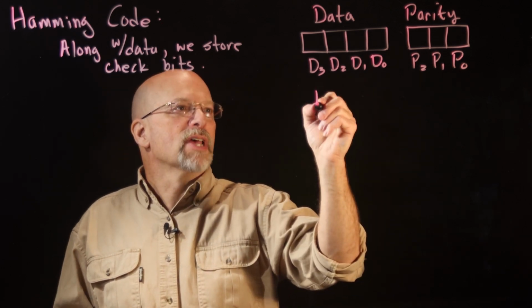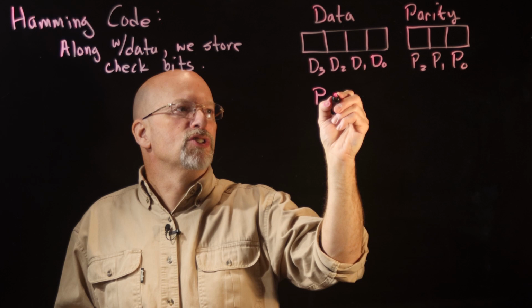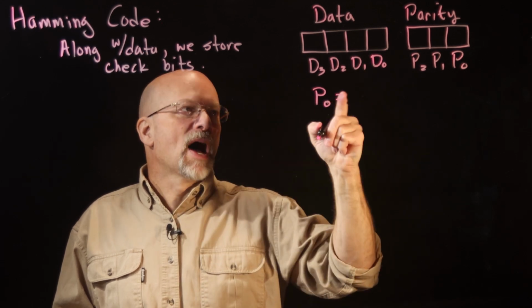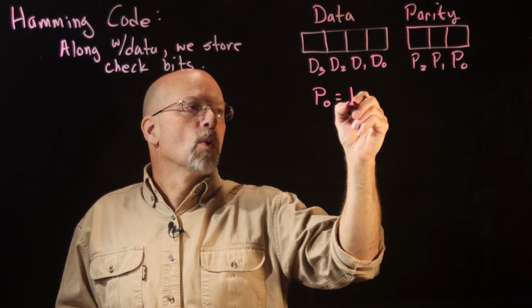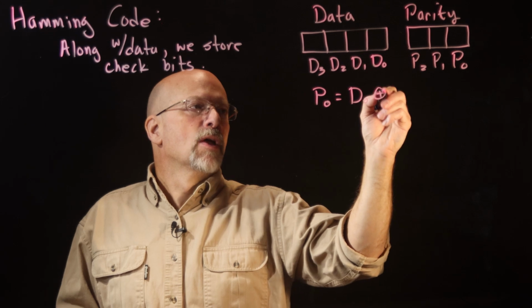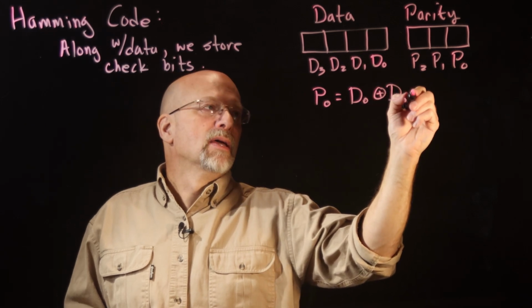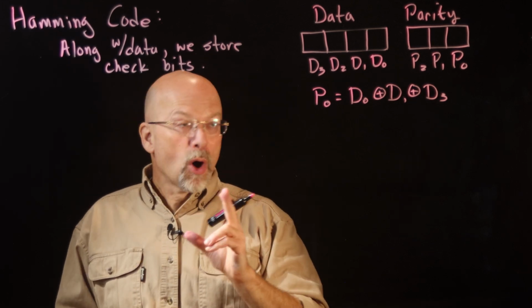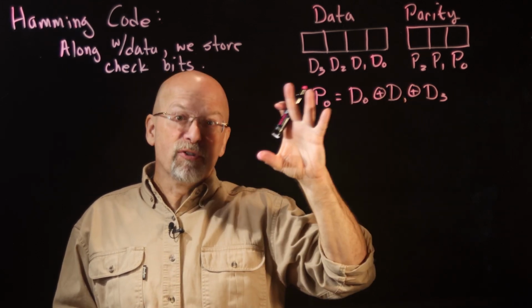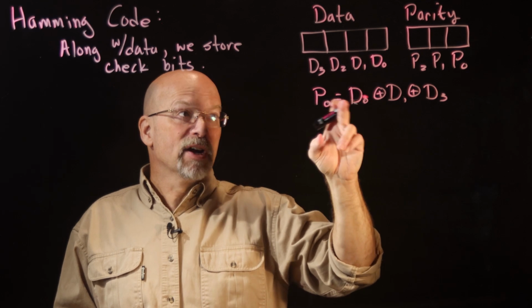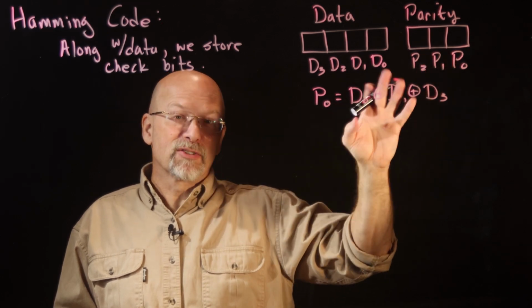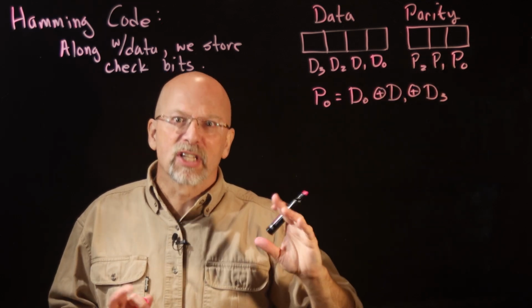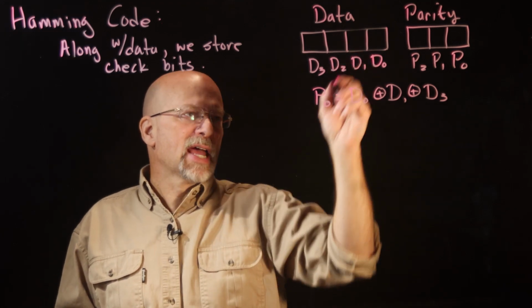So I could say that parity bit 0 is generated by the exclusive OR of D0 with D1 with D3. All right? Now, the goal is to make different groups so that if certain parity bits flip, we'll know which bits got flipped in the data.